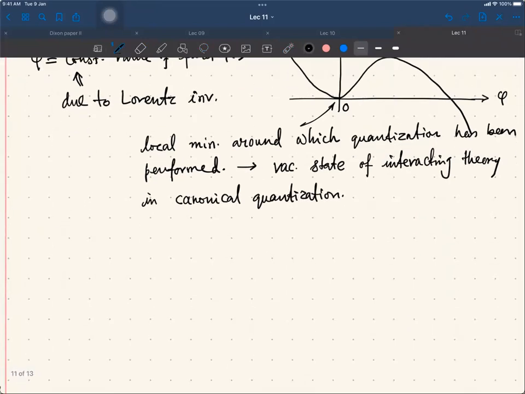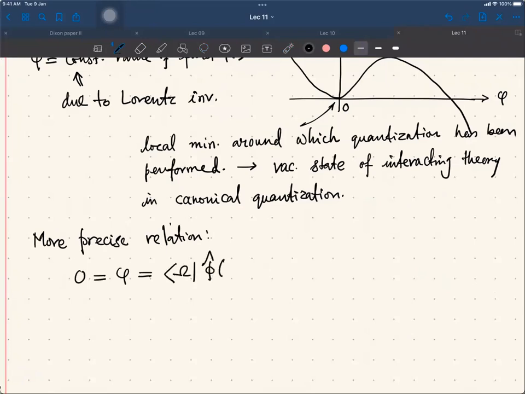The more precise relation is that this phi equal to 0 is equal to the vacuum expectation value of phi hat of x.